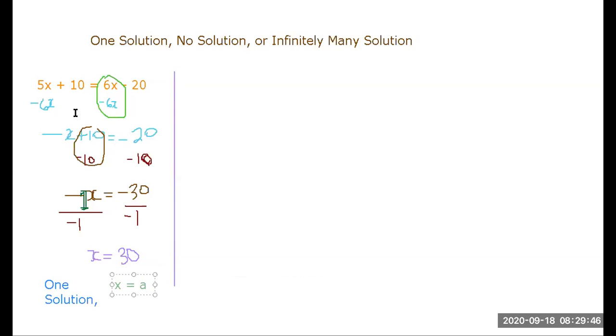So if I give you an equation and ask how many solutions it has, you would solve it like you would regularly, and then figure out what it's equal to.